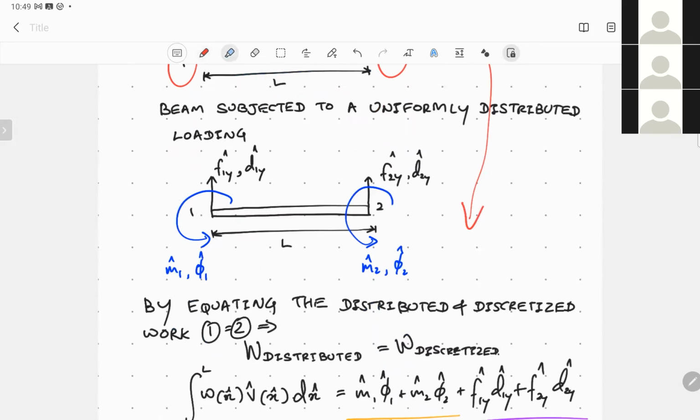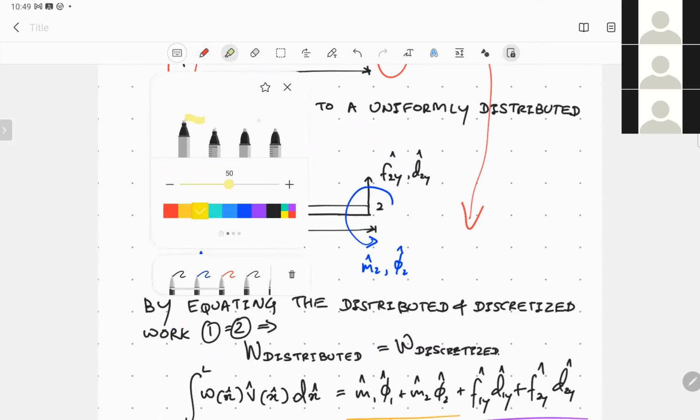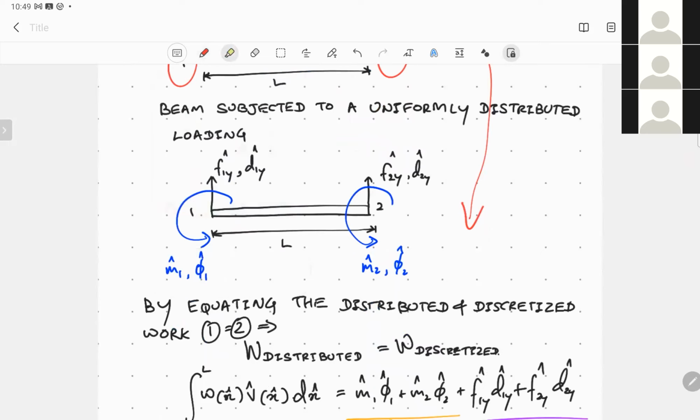How? This beam is subjected to nodal forces such that at node number 1 and node number 2, it is subjected to a bending moment and a shear force, and the corresponding displacements and rotations are mentioned using the conventional signs that we used to describe our equations in the previous sections.